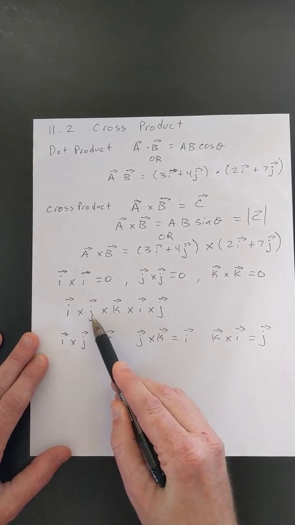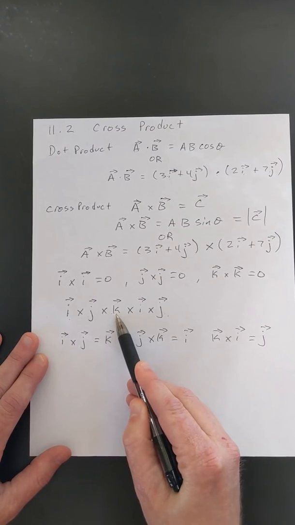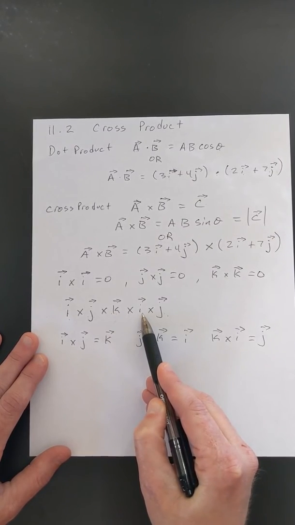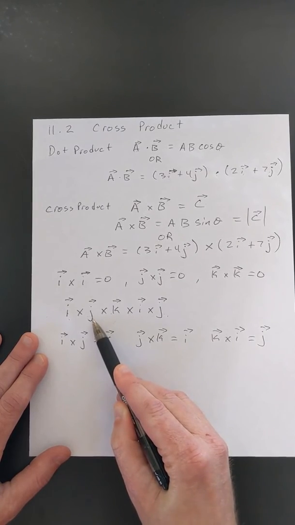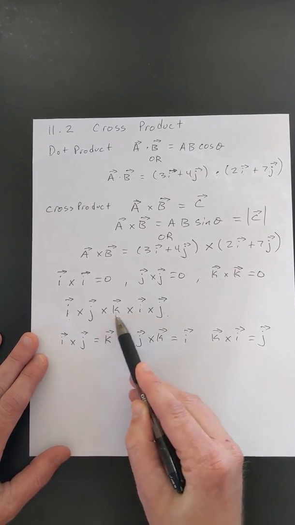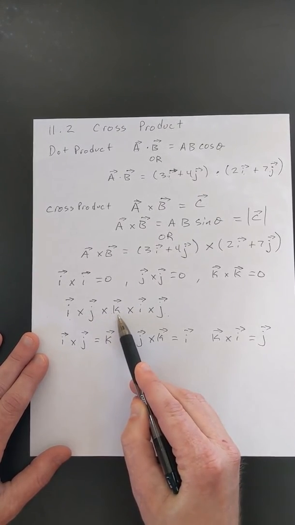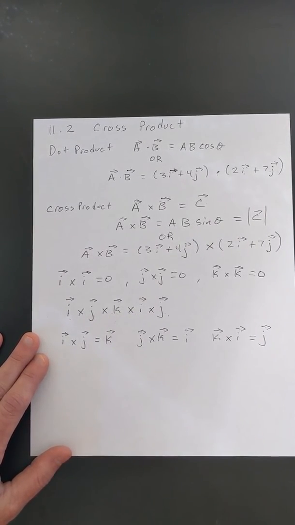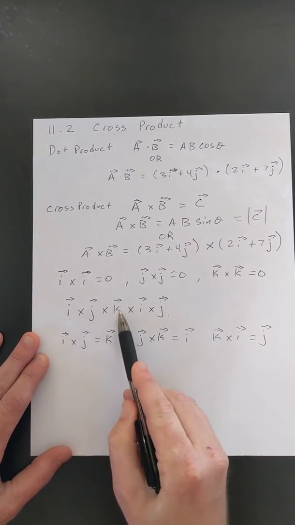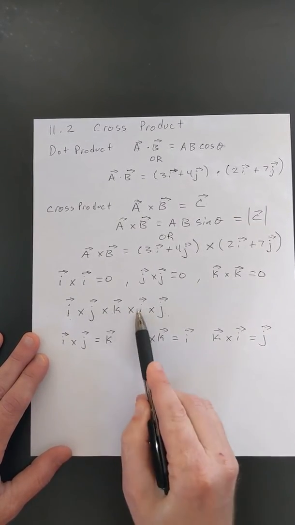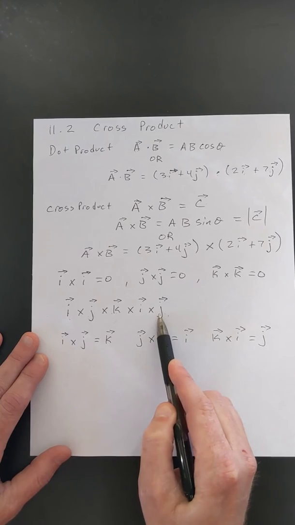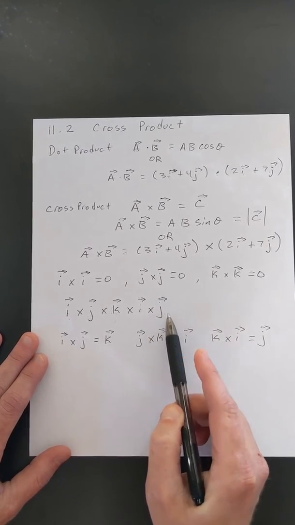Let's say j is positive and k is negative. Well, then j cross negative k is negative i. But if this was negative j and that was negative k, well, two negatives make a positive, so negative j cross negative k is positive i. It's pretty cool. It works really simple. Really simple. But you can go backwards.